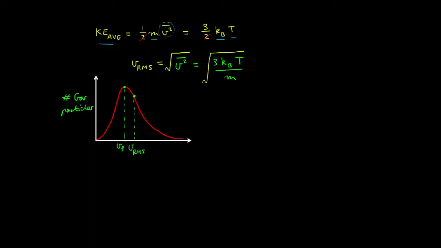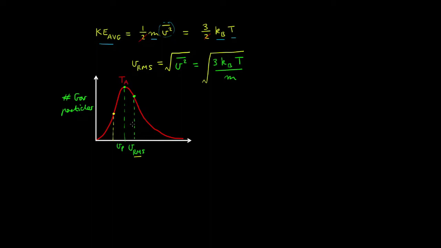So for example, some number of gas particles is going to have some velocity over here, and other gas particles are going to have a velocity equal to the root mean square velocity. Okay, so this is known as the Maxwell-Boltzmann distribution for the velocities of an ideal gas at a given temperature. So I'll just call this TA.